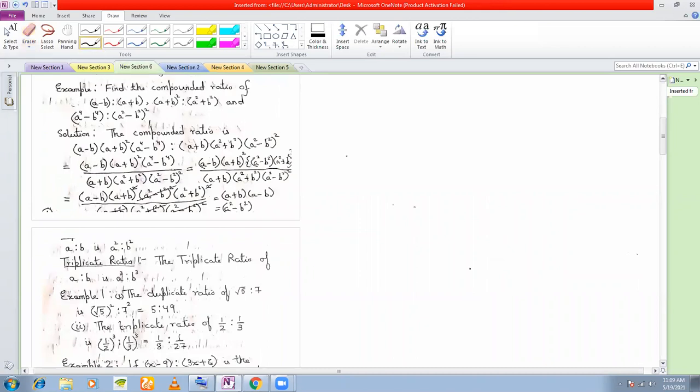Question here is find the compound ratio of A minus B is to A plus B, A plus B whole square is to A square plus B square, and you have A to the power of 4 minus B to the power of 4 is to A square minus B square whole square. You need to find out the compound ratio of these three.